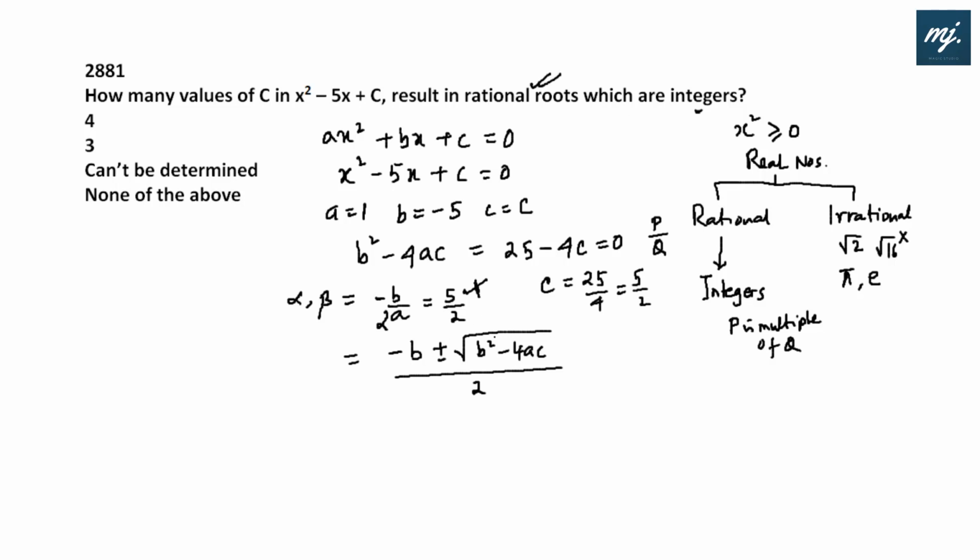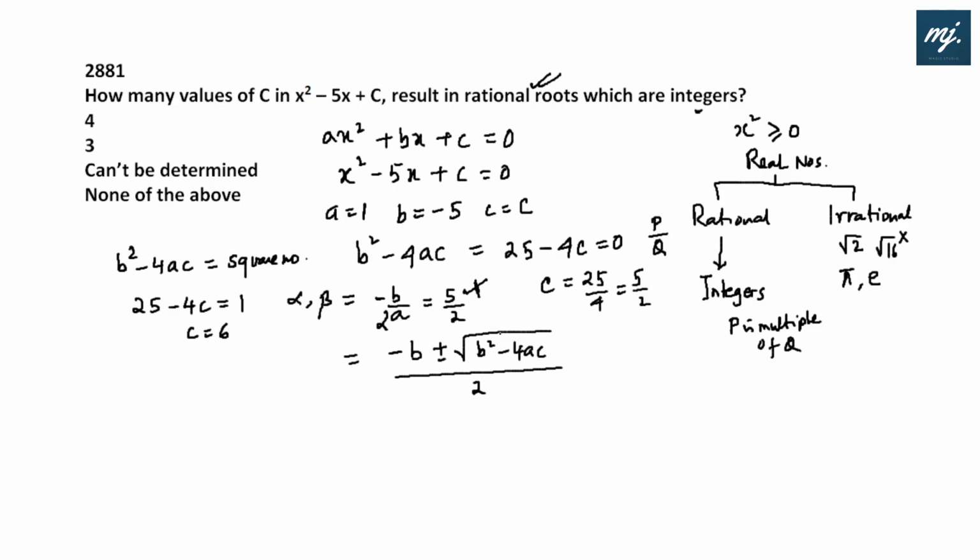Roots are said to be rational when the discriminant b square minus 4ac is positive, obviously, and is a square number. That is, 25 minus 4c should be a square number. We can start with 1. 1 is a square number. Then in this case c would be equal to 6.